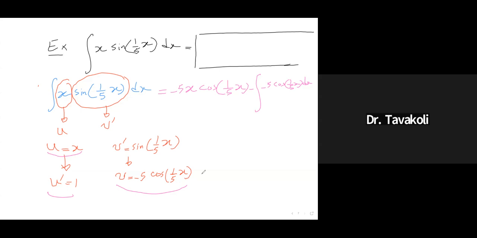So let me separate the solution from the left side of the board. Okay, so the first term is minus 5x cosine of 1/5 x. This minus 5 can be pulled out of the integral, and minus 5 times that minus outside the integral make a positive 5, right? So I will have positive 5 times the integral of cosine of 1/5 times x.